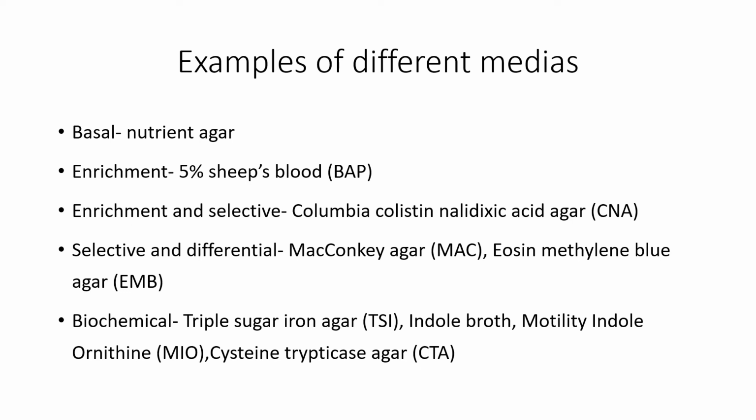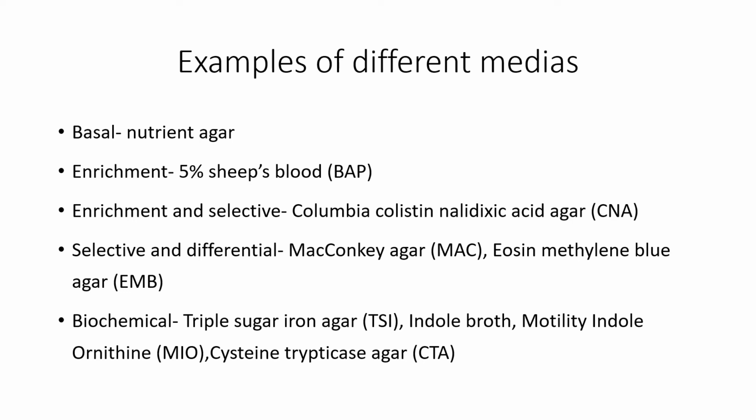And CNA is also enriched because it contains blood, which supports the growth of those gram-positive organisms. We have selective and differential media. Some examples of that would be MacConkey agar, also known as MAC, or eosin methylene blue, which is known as EMB. MacConkey is selective and differential for gram-negative enterics, and it shows lactose fermentation versus non-lactose fermentation.